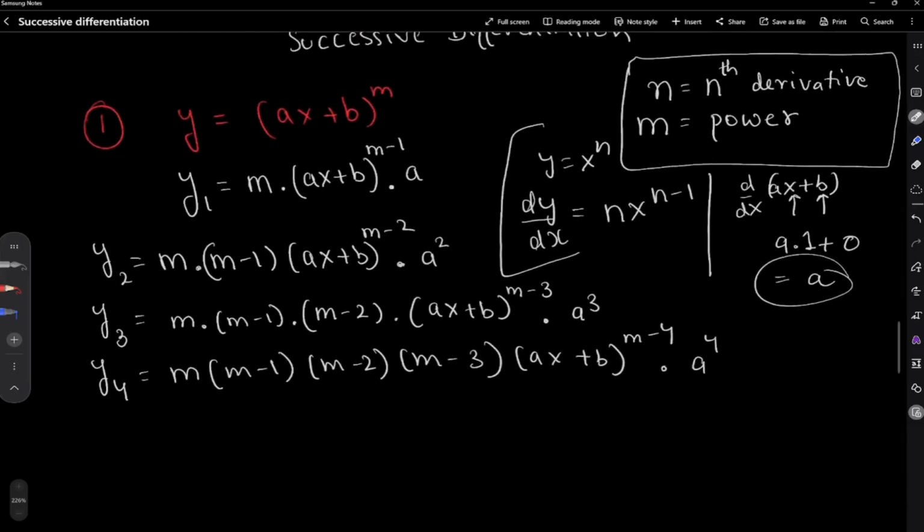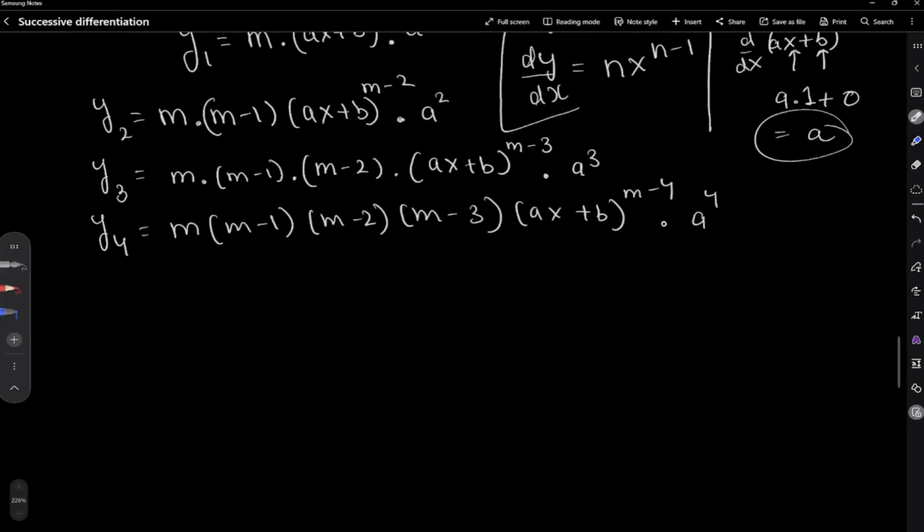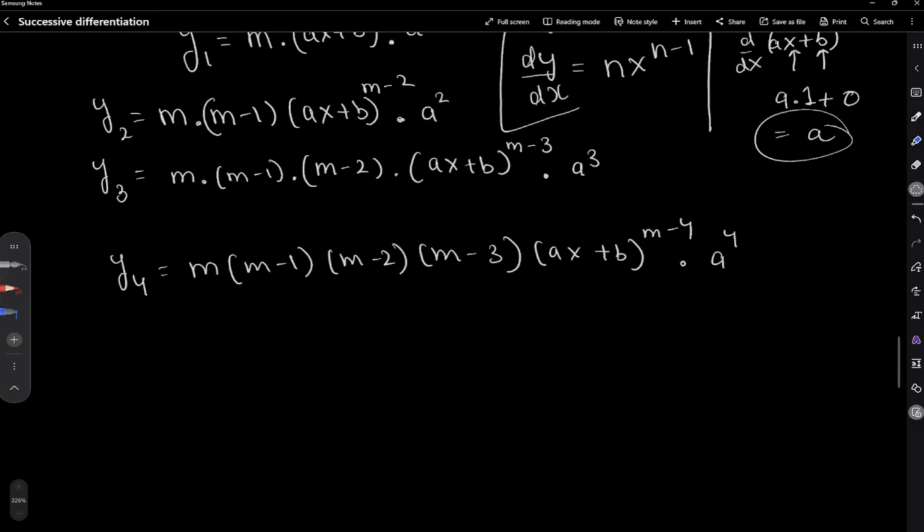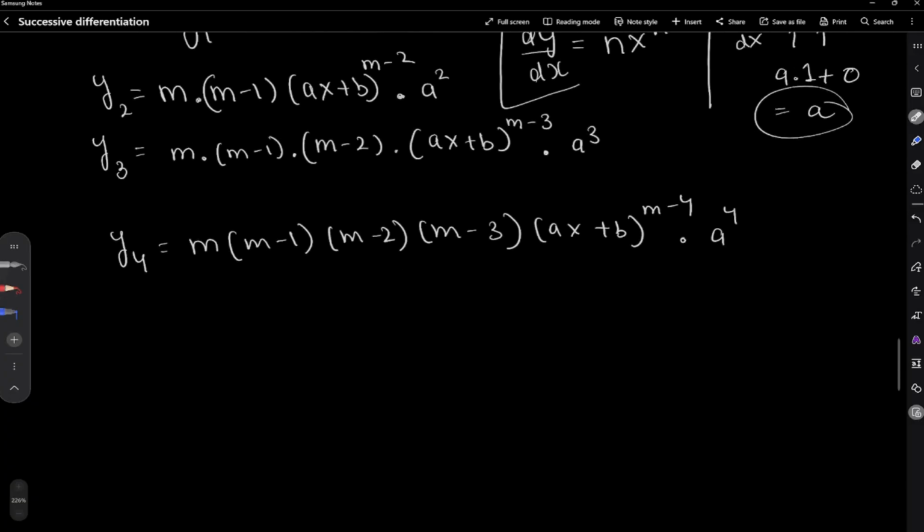So now we come to this particular equation, and this is a bit unique because now we have to find a general equation from this. General equation meaning we have to write the same equation in its nth form.